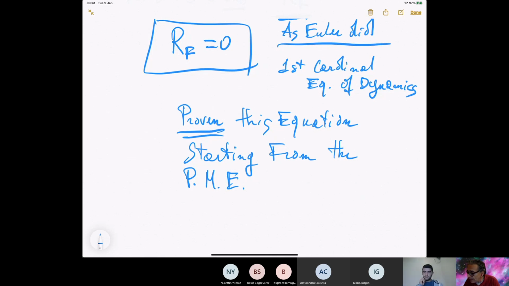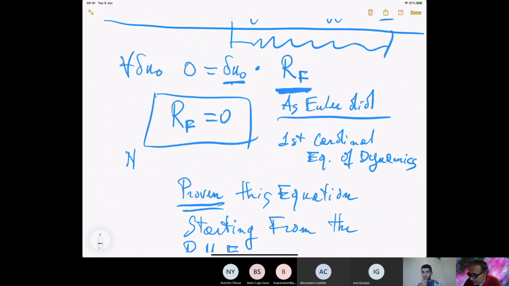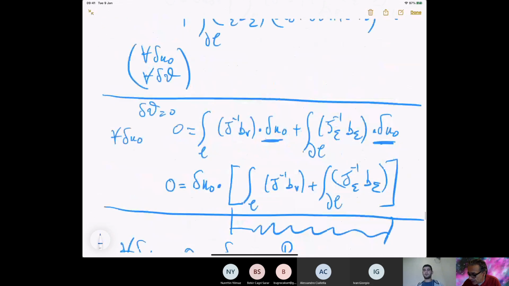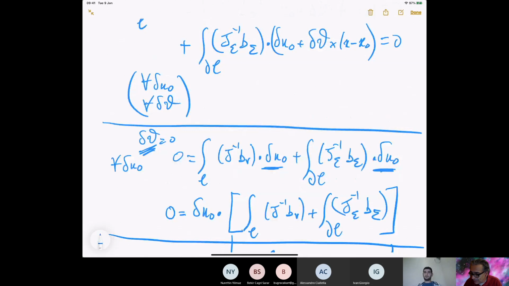And it is a necessary condition for equilibrium. Okay. Now we will check what happens for delta theta different from 0 in the next lecture.